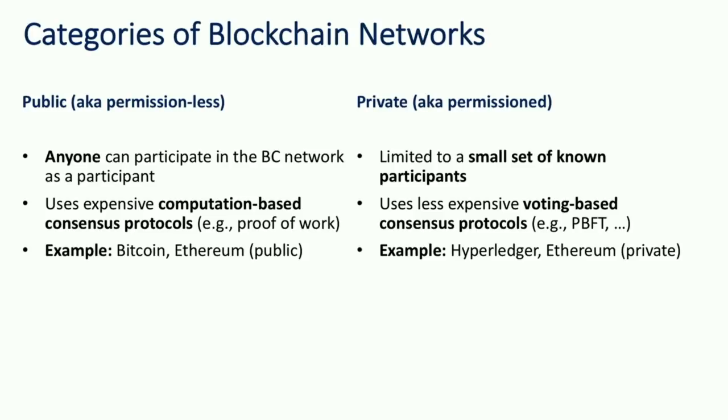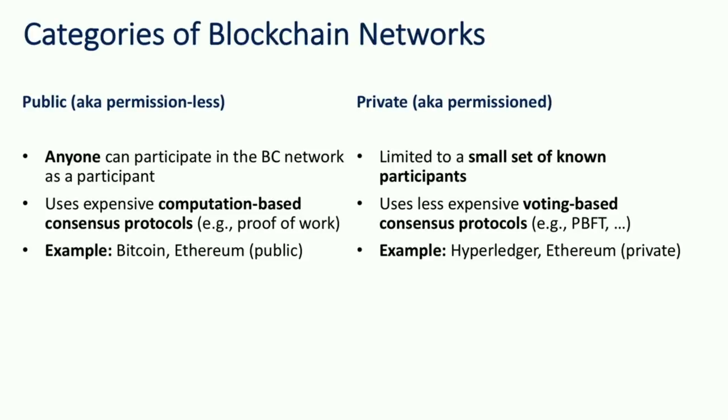I won't go into details for those, but just to make sure that we are on the same page, there are also private blockchains which target a different type of application where not everybody is allowed to join the blockchain, but it's targeted towards a limited set of participants that know each other, and therefore they use less expensive consensus protocols, and this already increases the performance a bit when you use blockchains as a database system.